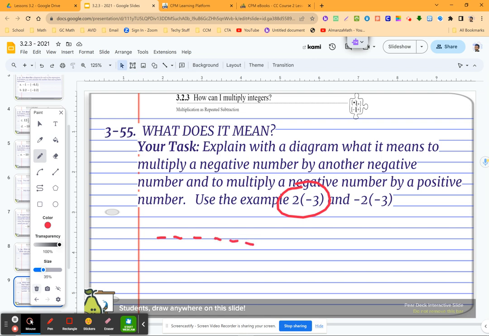And then for the second slide, we're subtracting 2 groups of -3. So once we take away those 2 groups of -3, what do we get? If you're describing that, go ahead and pause the video so you can fill out the Pear Deck slide.